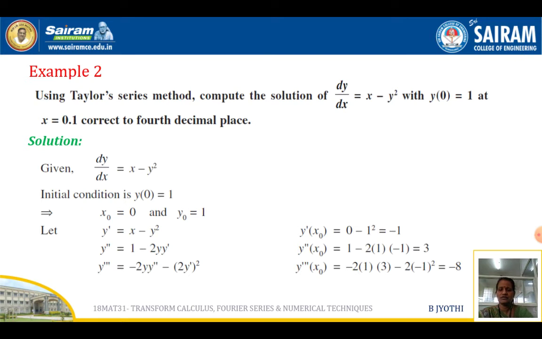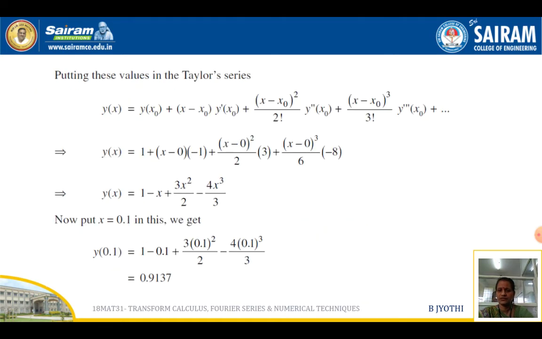Now having these values, let us consider the formula for Taylor series and substitute these values. So the formula for the Taylor series is given by y of x is y of x naught plus x minus x naught y dash x naught plus x minus x naught whole square by 2 factorial into y double dash of x naught plus x minus x naught whole cube by 3 factorial into y triple dash of x naught.